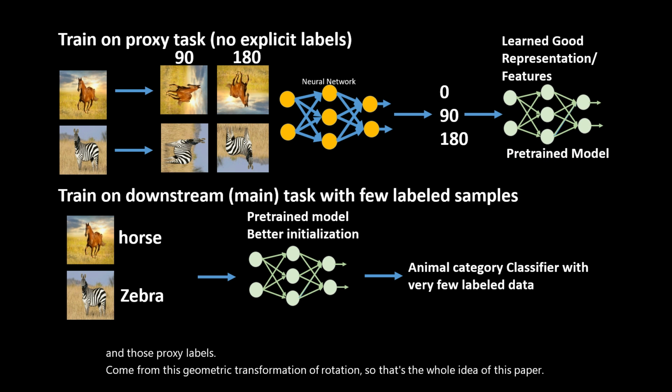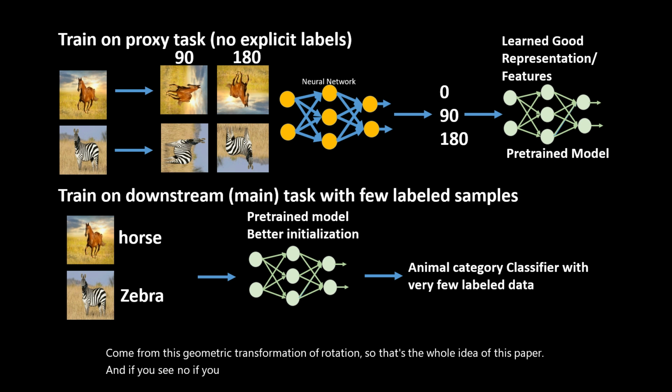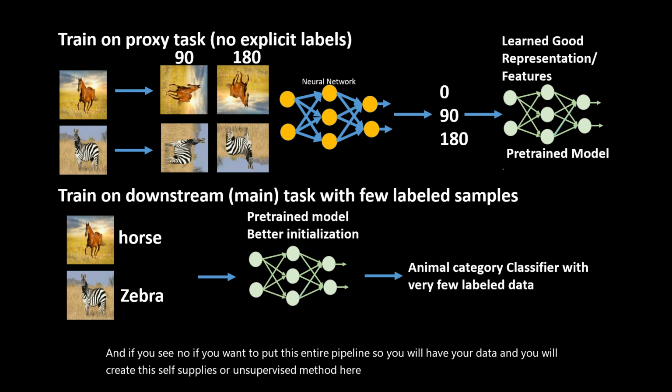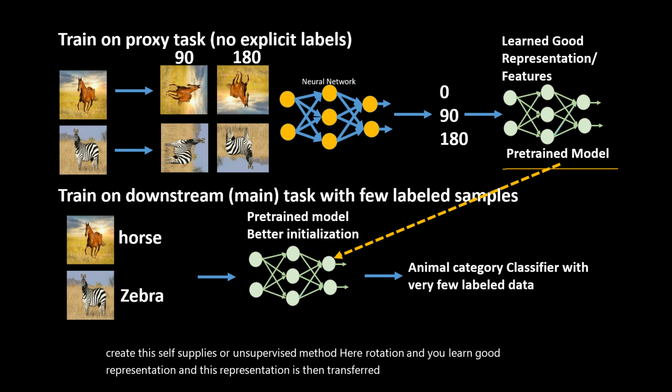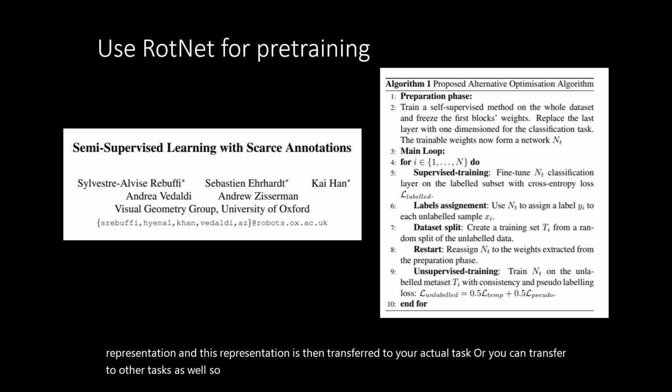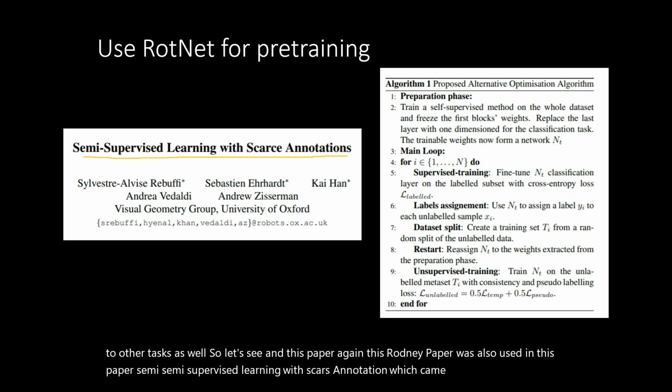If you want to put this in an entire pipeline, you have your data, you create this self-supervised or unsupervised task, rotation, and you learn a good representation. This representation is then transferred to your actual task, or to other tasks as well. This RotNet paper was also used in the paper Semi-supervised learning with scarce annotations, which came from Oxford.